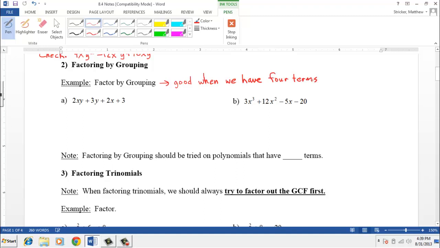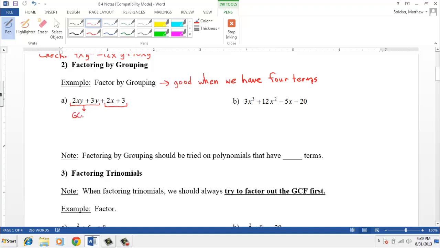And what we do is exactly what the name suggests. We're going to put this polynomial into 2 groups, a first group and a second group. And sometimes you might have to switch them around, but not always. If we put it in these 2 groups and we pull out our GCF, let me write this for the first one.